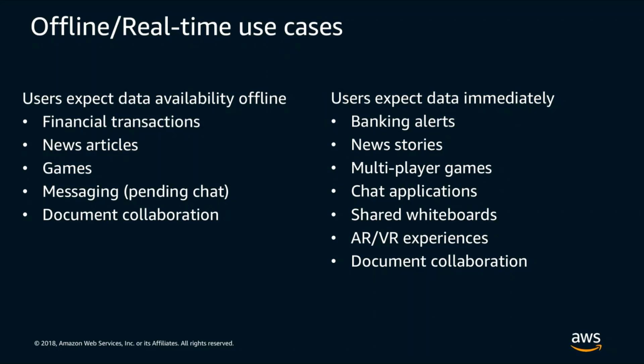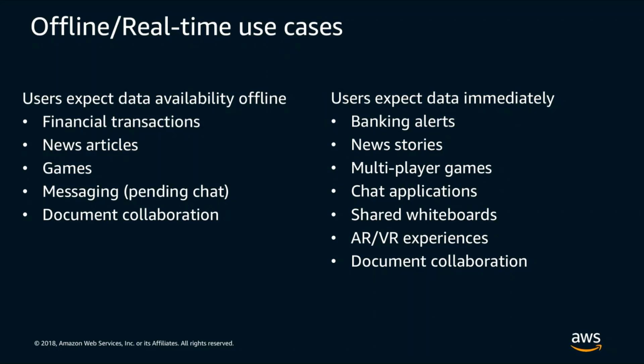I want the messages to be queued up. Document collaboration is also another interesting case where I'm sharing Word docs with multiple users, but I would like to make edits even when I'm not connected to the network.